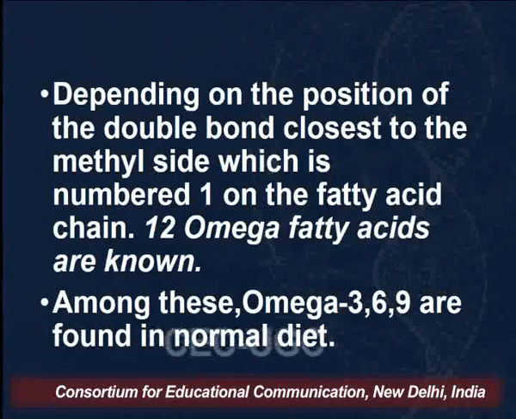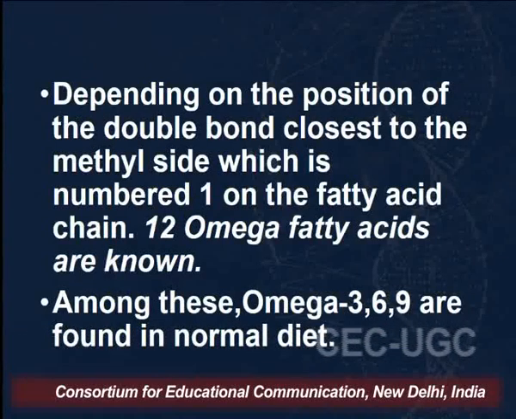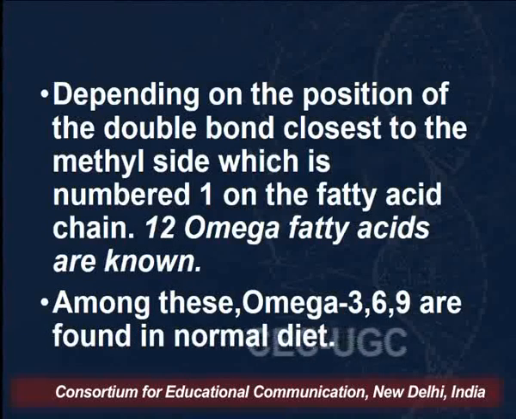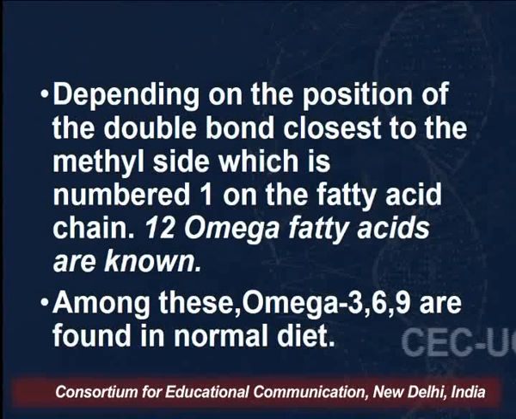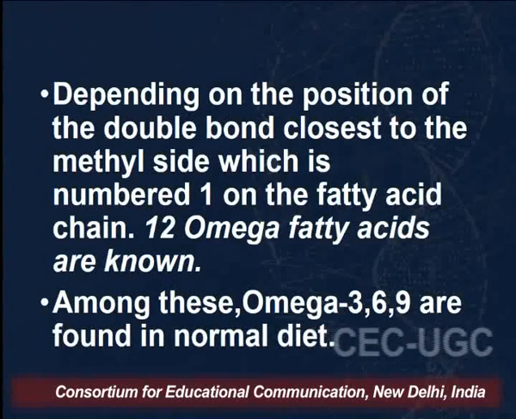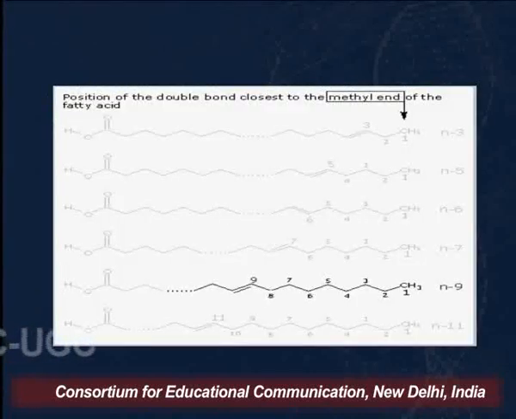So depending on the position of the double bond closest to the methyl end, which is numbered 1 on the fatty acid chain, 12 omega acids are known. And among these 12 omega fatty acids, the important ones are 3, 6, and 9, which we have to consume in our normal diet also.